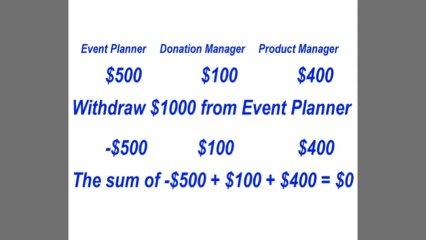And it will also appear as a negative balance of negative $500 in the event planner, because the withdrawal that was initiated included $100 of money from the donation manager and $400 from the product manager. However, the total balances will all be accurate.